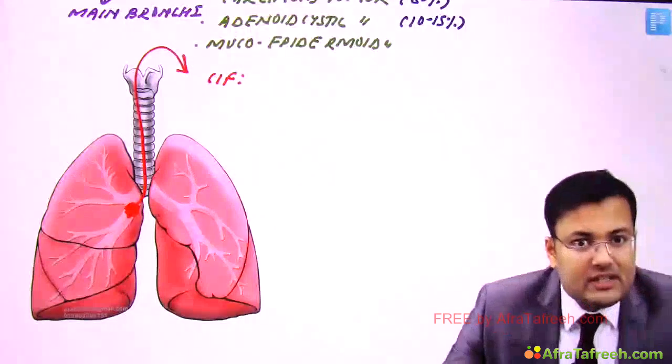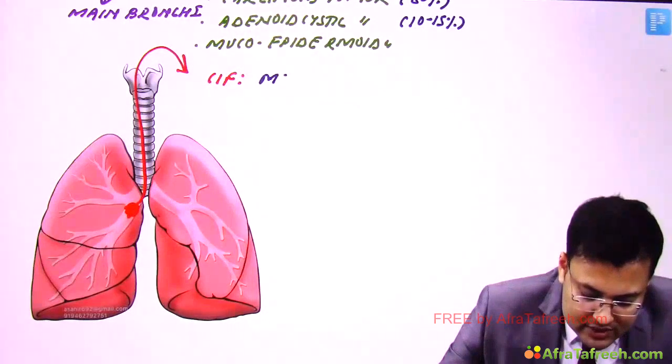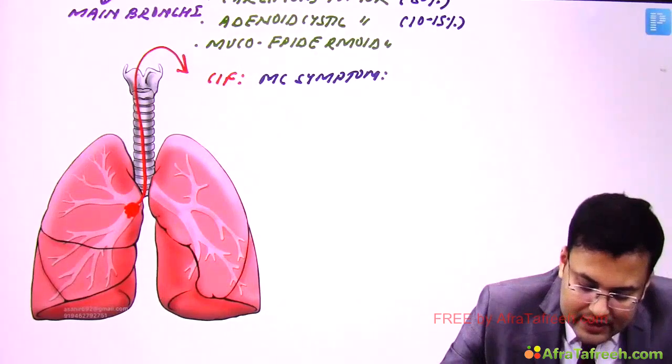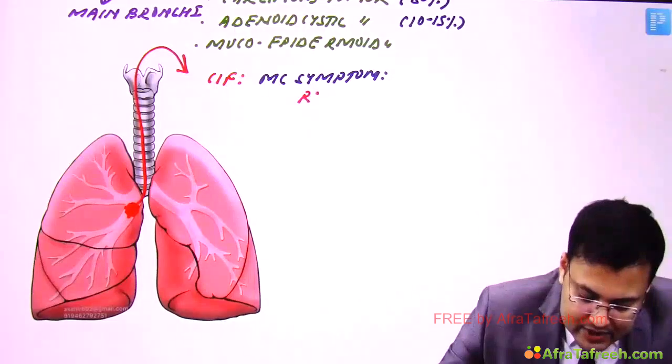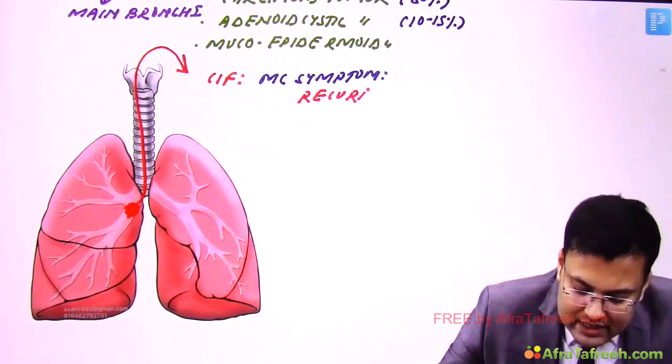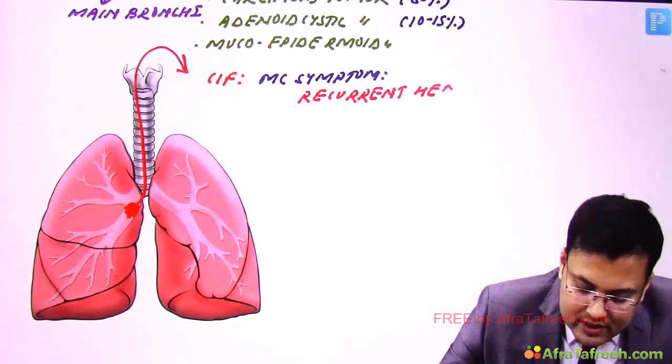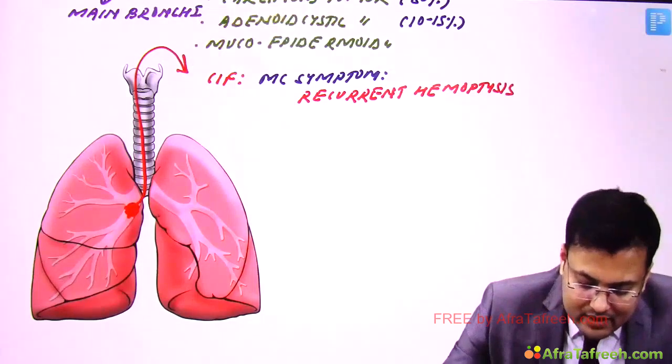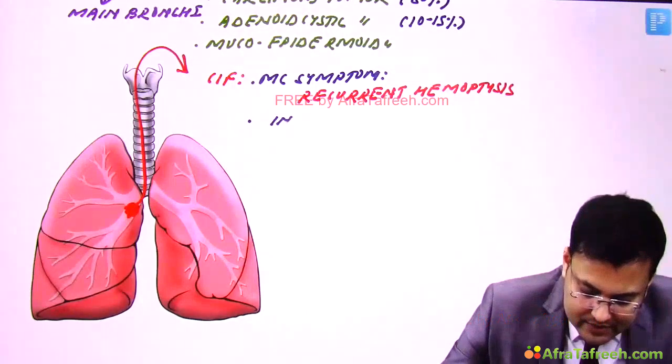So see the clinical features. This is the question which is asked. Most common symptom, and that is recurrent hemoptysis. It was asked many times. They can be intermittent hemoptysis.